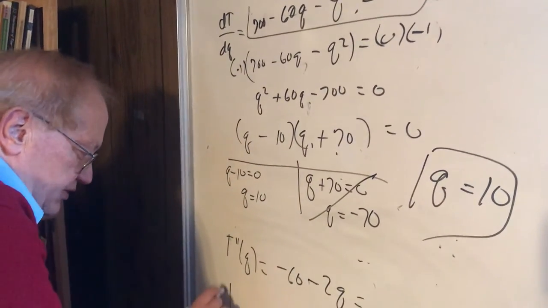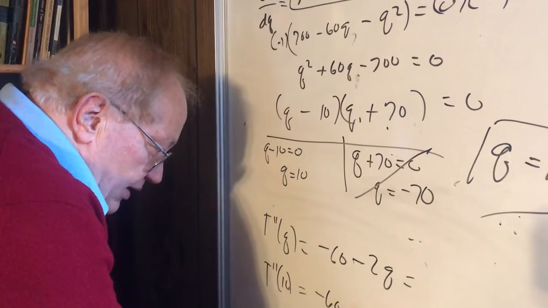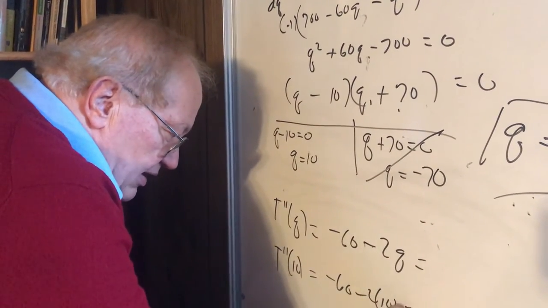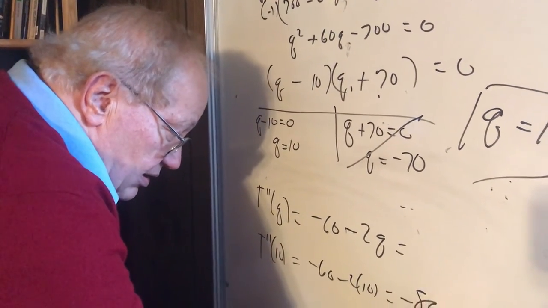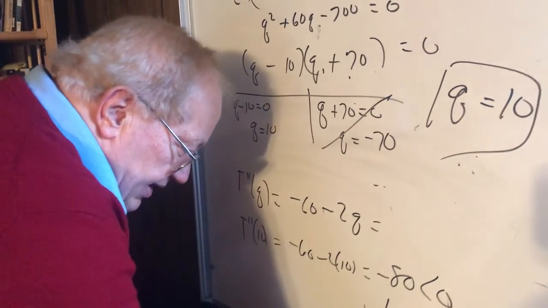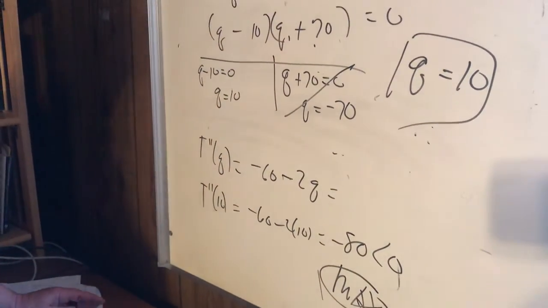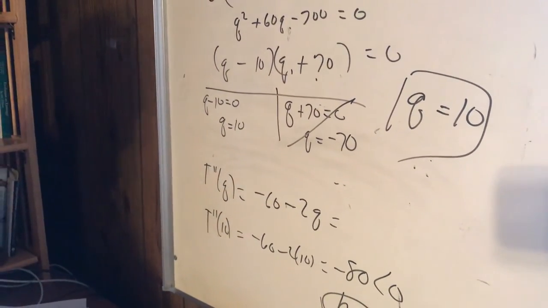If I substitute 10 in here, minus 60 minus 2 times 10 is minus 80. The second derivative is less than 0, which means we are at a maximum point. And we have that T is at a point of maximum taxation.